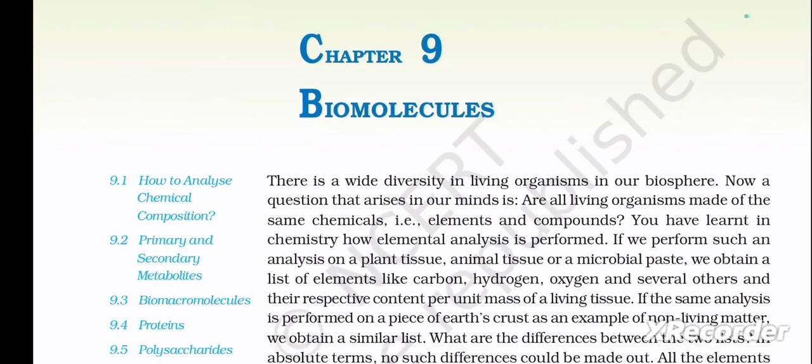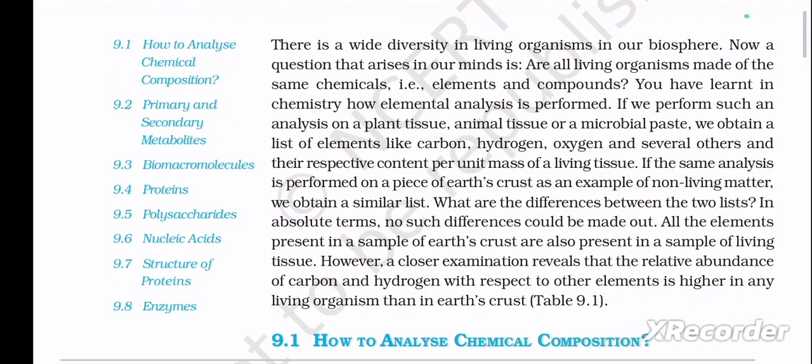If we perform such an analysis on a plant tissue, animal tissue, or a microbial paste, we obtain a list of elements like carbon, hydrogen, oxygen, and several others, and the respective content per unit mass of a living tissue. If the same analysis is performed on a piece of Earth's crust as an example of non-living matter, we obtain a similar list. What are the differences between the two lists?